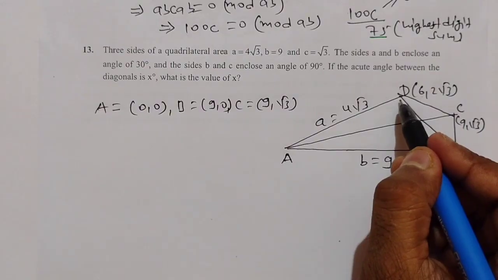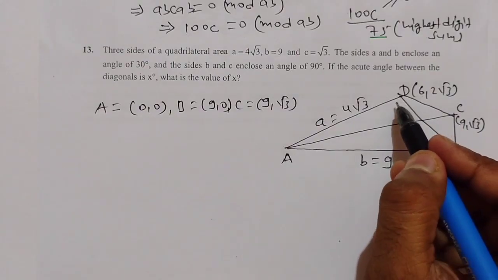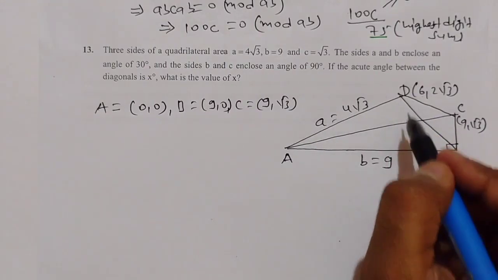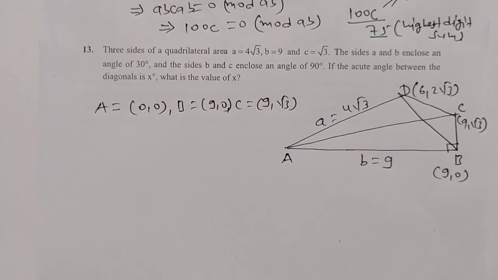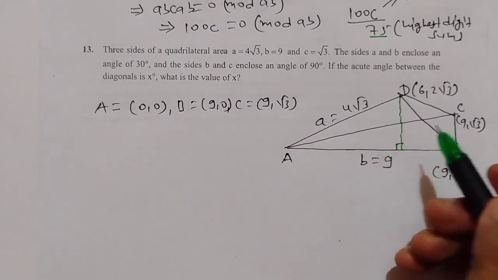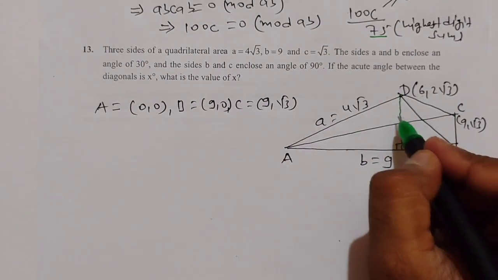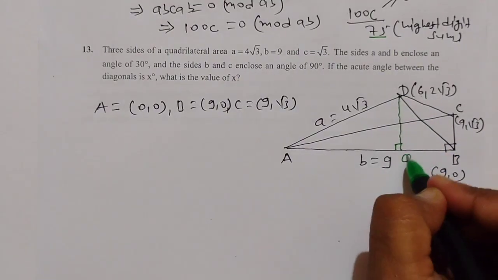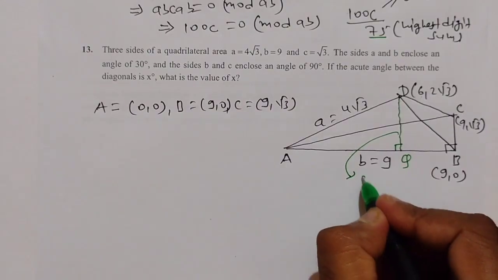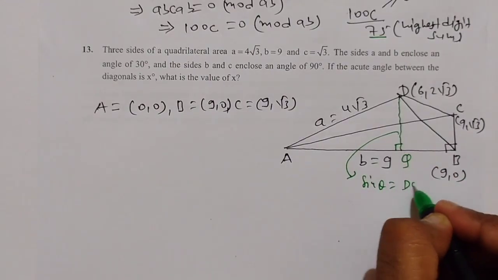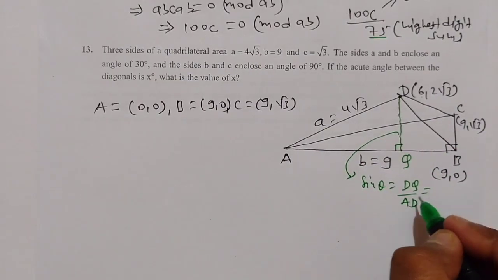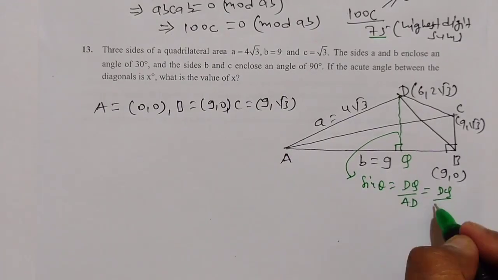So we have sine theta is P by H. If we draw a perpendicular, you can see sine theta is equal to DQ by AD, which is DQ by 4 root 3.